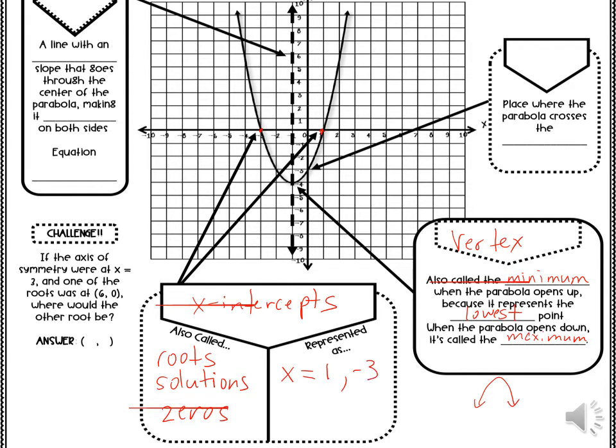That's one way you can write it. The other way you can write it is as coordinates. So the coordinate right there is 1, 0, and the coordinate right here is -3, 0. So there's two different ways that you can write x-intercepts, root, solution, zeros, all the same thing.